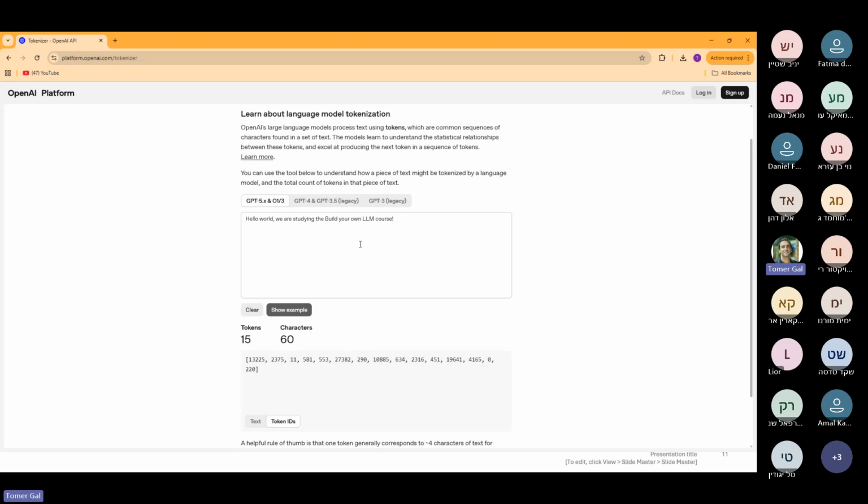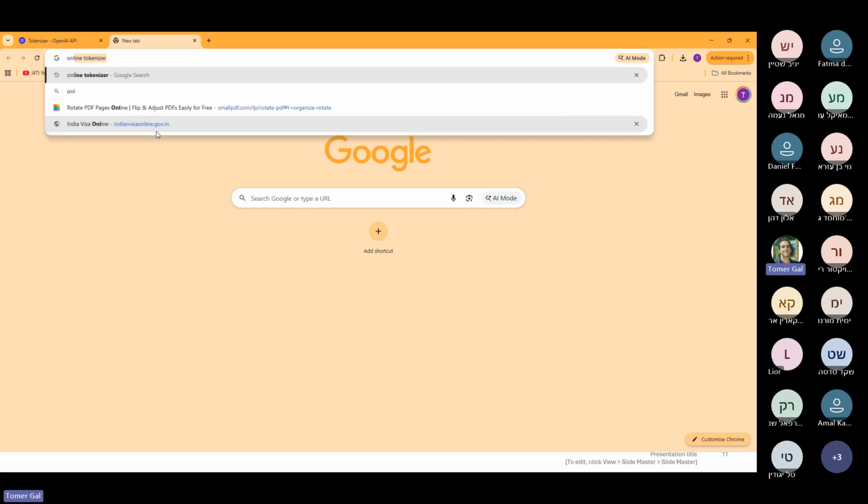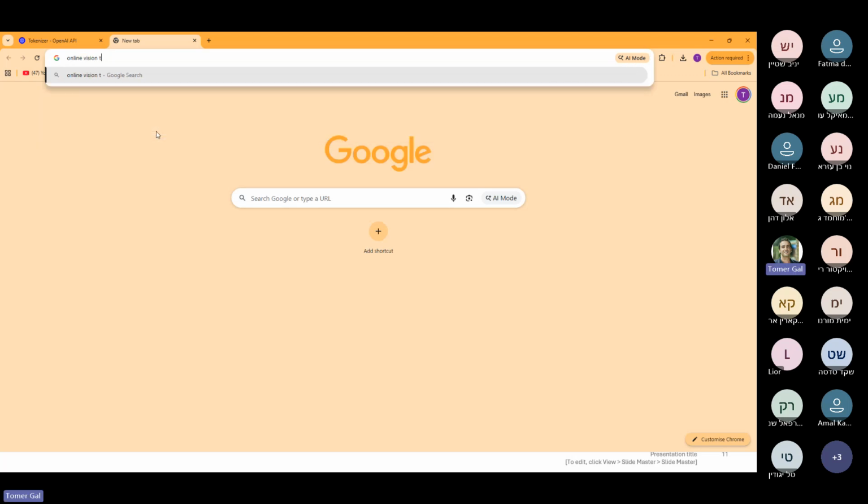Even for the same vocabulary size, if I train several times, I may get different IDs. Probably here it's the same, plus the vocabulary size, dimensions, etc. Something that I didn't check in the past: let's see if there's an online vision tokenizer.